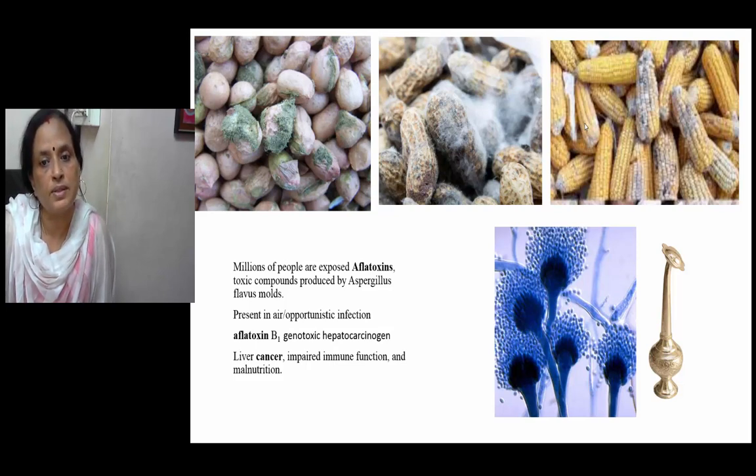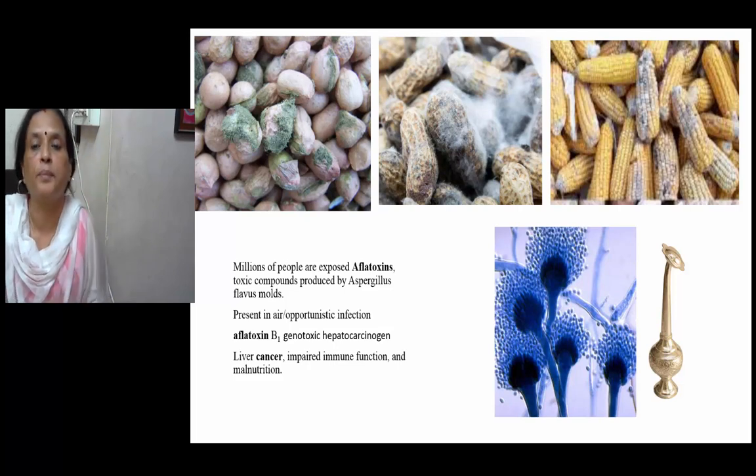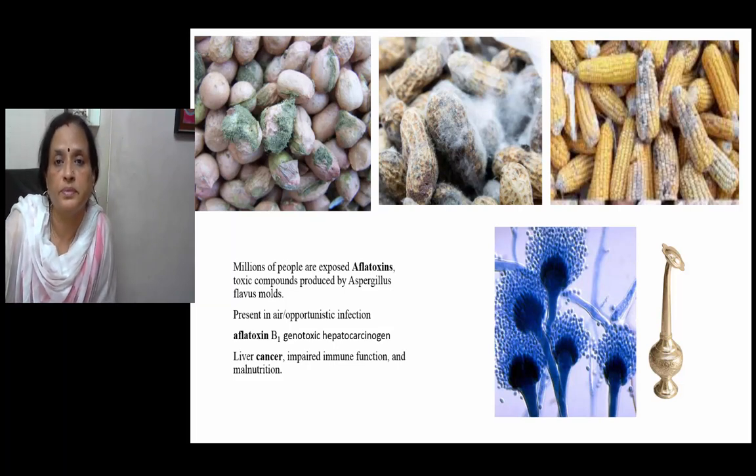Where are these present? They're present in the air. Aspergillus, as you know, in immunocompromised individuals enters the lungs by inhalation and stays in the tubercular cavity, forming a ball of fungus, an aspergilloma. This is an opportunistic infection, of course, in humans, but see how the food is contaminated.